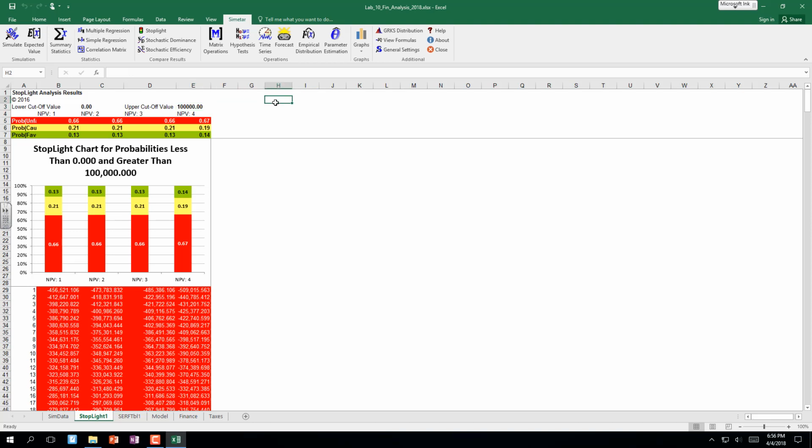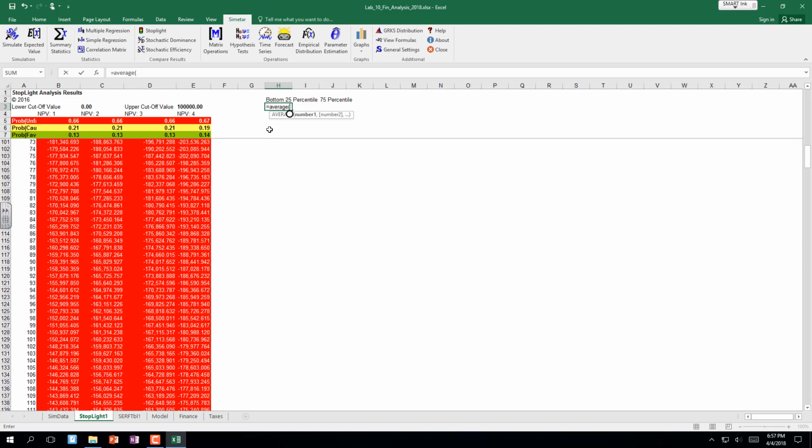Here's what I recommend you use. For the bottom, I'm going to use the 25th percentile. And for the upper, I'm going to use the 75th percentile. The way I'm going to do that is I'm going to say equal average. I'm going to scroll down here till I get to row 125. I'm going to take the average of those.